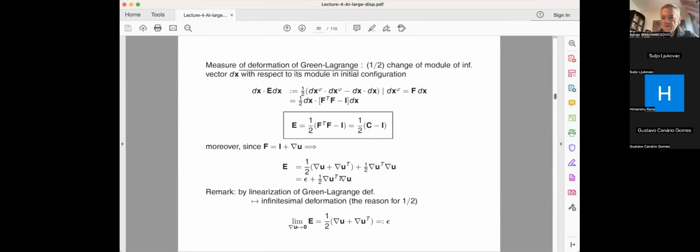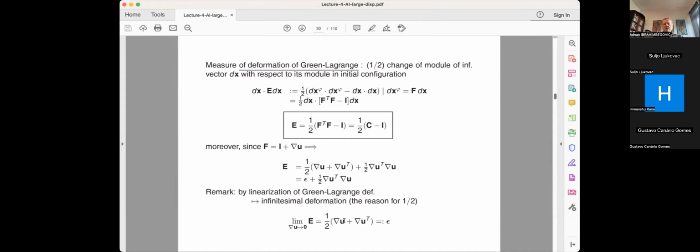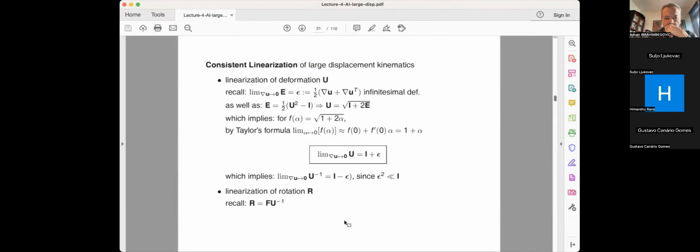Nonetheless, the advantage of this is you can easily see when the large displacement and large deformation becomes small. That means that the displacement gradient goes down to 0 compared to 1. This just drops off, and the linearization of the Green-Lagrange strain is equal to infinitesimal strain. And this way you can build it using linear theory formulation and bring it into the large displacement setting.